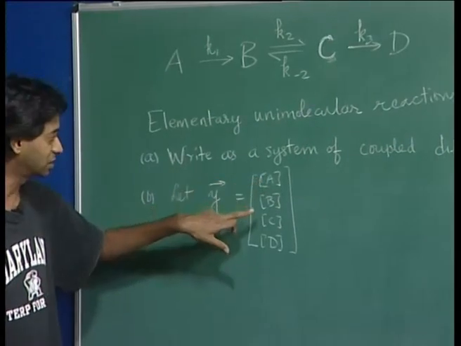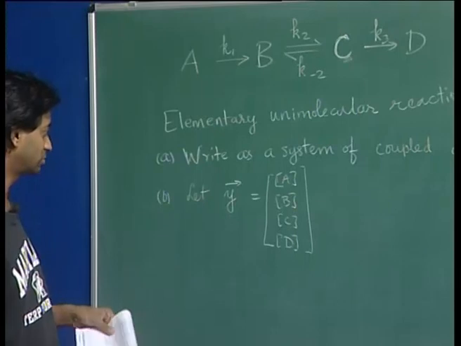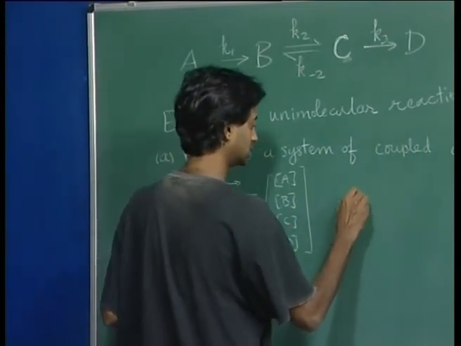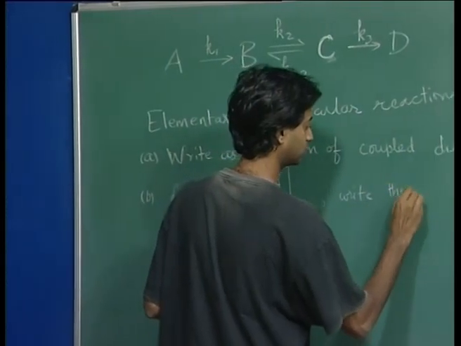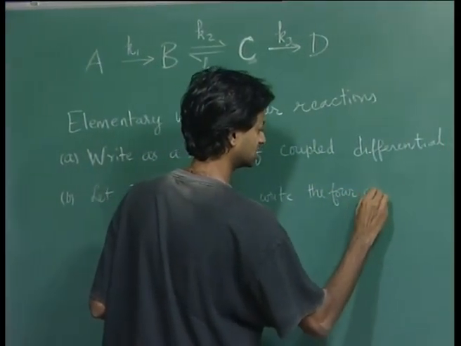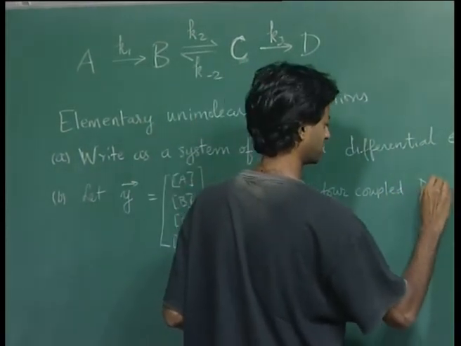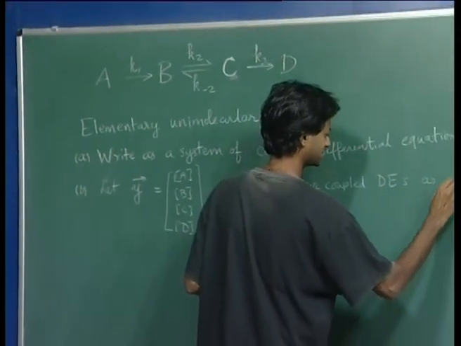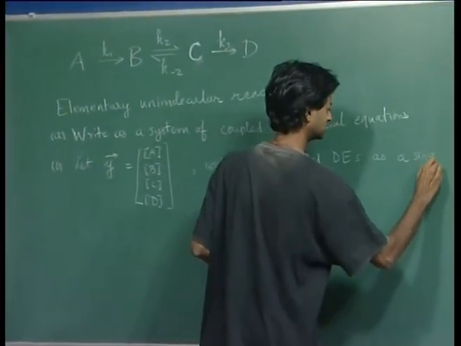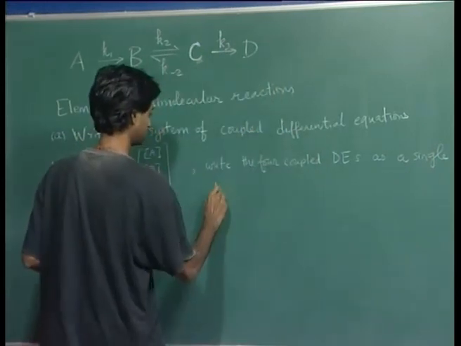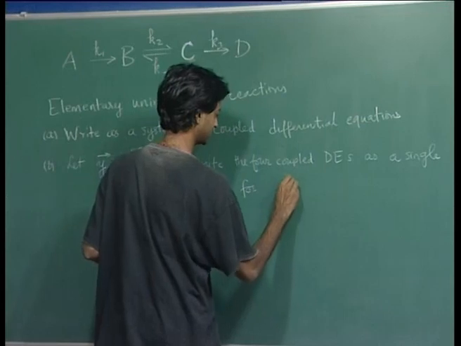The 4 elements of the column vector are the concentrations of A, B, C, and D. So let y equal to this, and write the 4 coupled differential equations as a single differential equation for y.